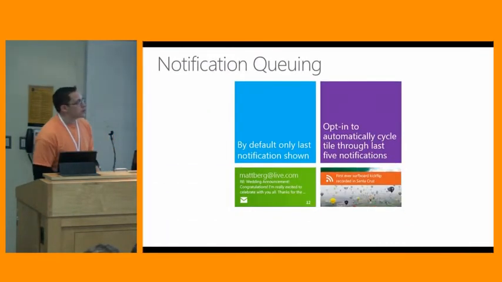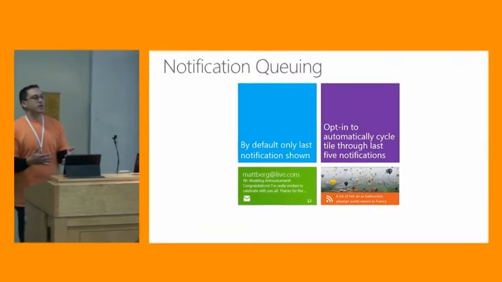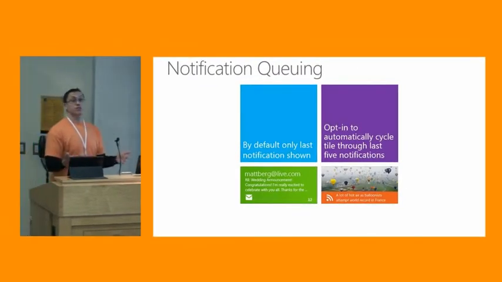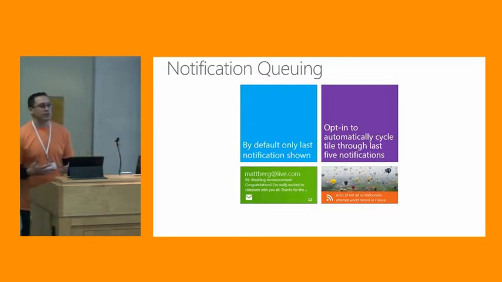Okay. So what I showed you, you noticed that by default, when I send in a notification, it overrides the previous notification and changes it. That works. But in the example I gave, what about a news app? I don't just necessarily have one top news story. Or in a Twitter app, I follow a lot of people. Maybe I want to see the last few notifications. So we do have this mechanism of queuing.